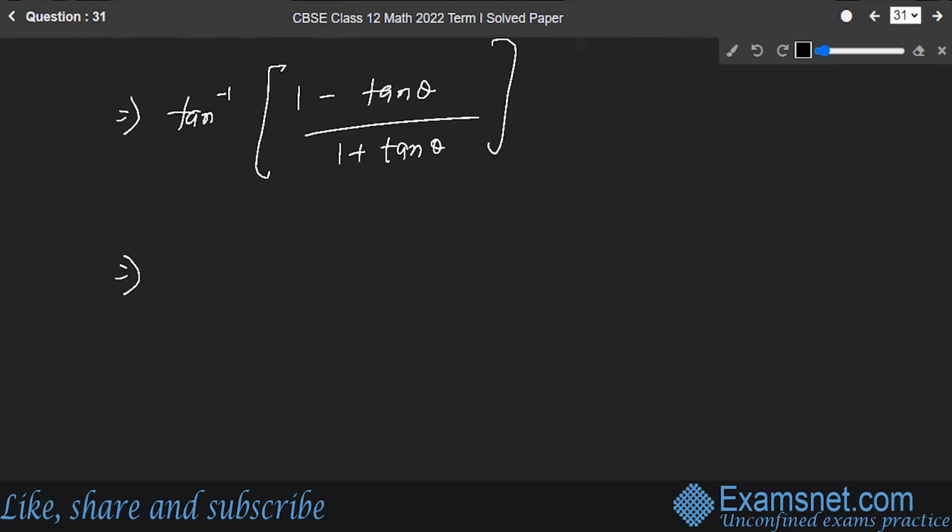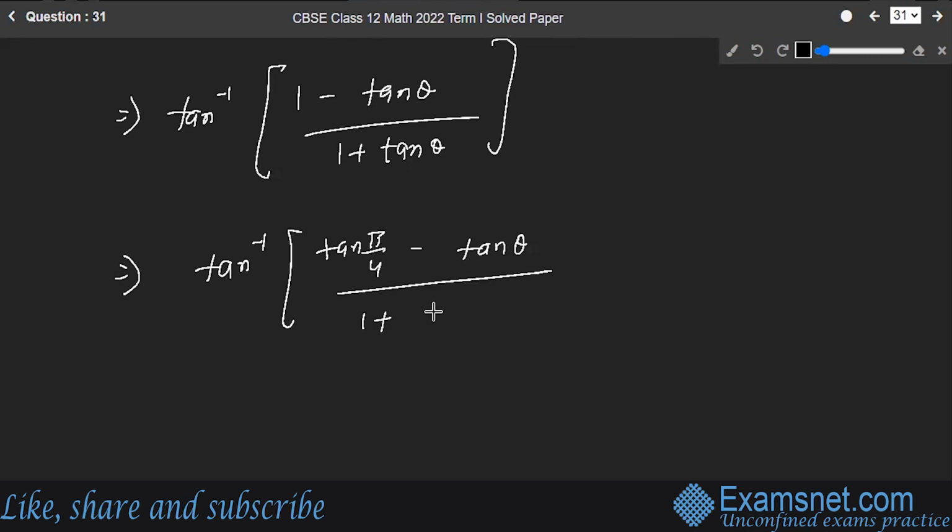Now, this is equal to tangent inverse of 1, which can be written as tan pi by 4, minus tangent theta, over 1 plus, which can actually be written as 1 into 1, so this is again tan pi by 4. You know tan pi by 4, tan 45 degrees, is equal to 1, into tangent of theta.